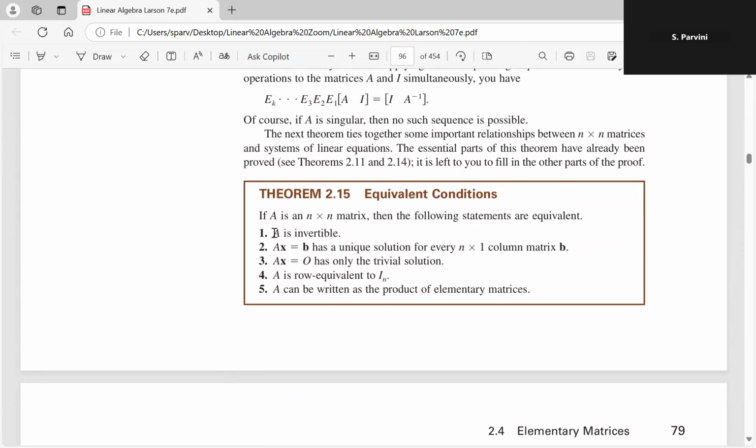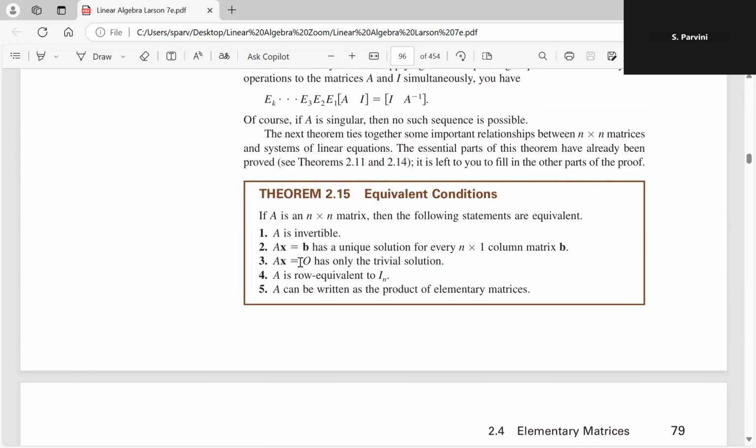So let's say they give me a system to solve. First thing we do is find the inverse. If the inverse exists, it means all 5 of these are true. Then I have a unique solution if B is not the homogeneous 0.